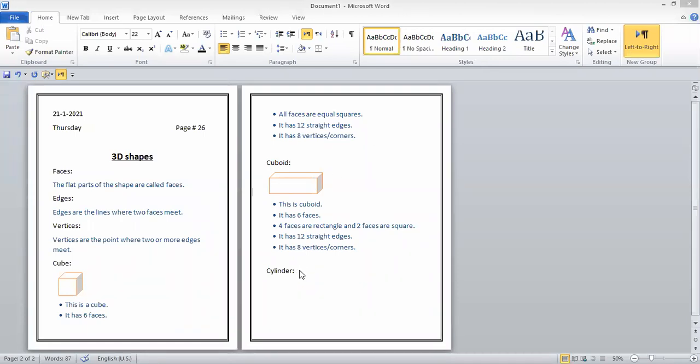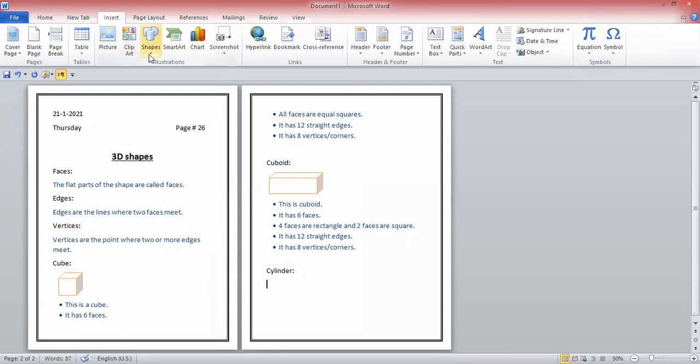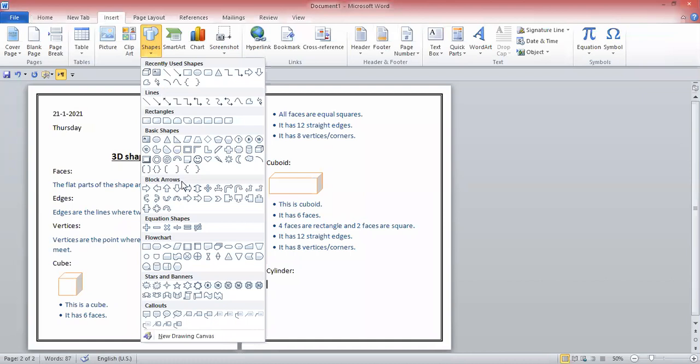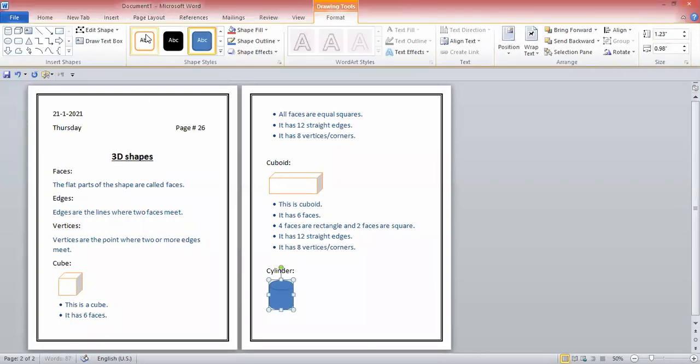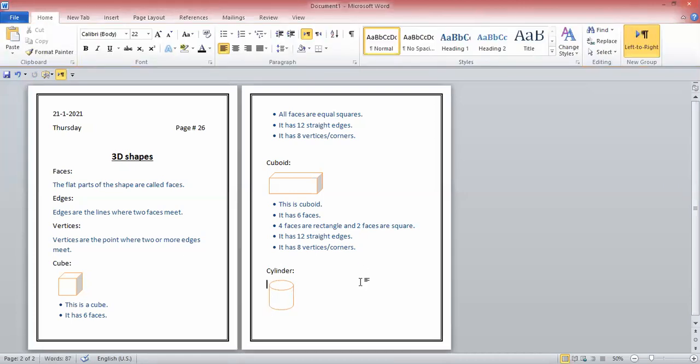Very good. Now I'll draw a cylinder for you. Guys, this shape is known as cylinder.